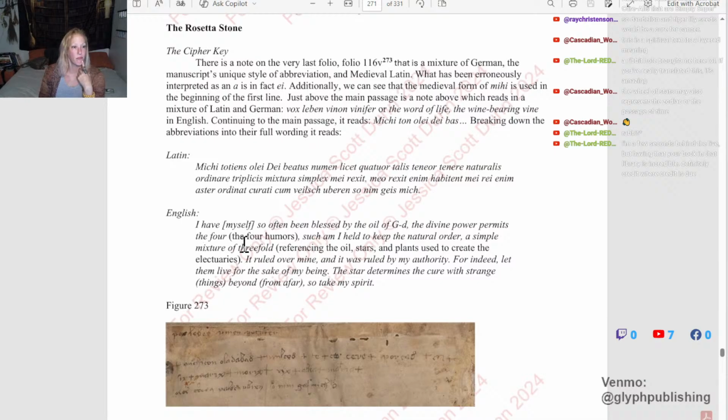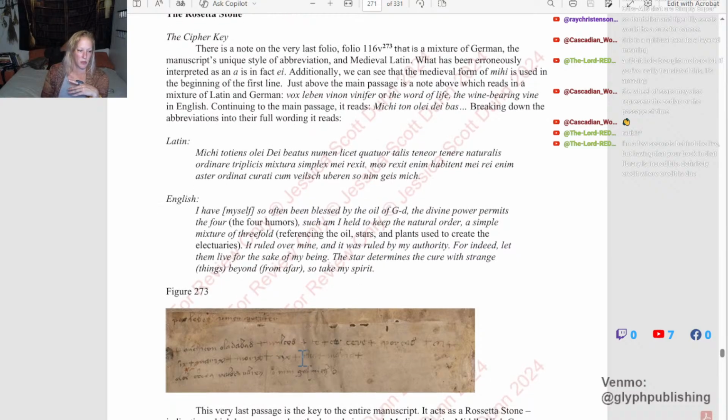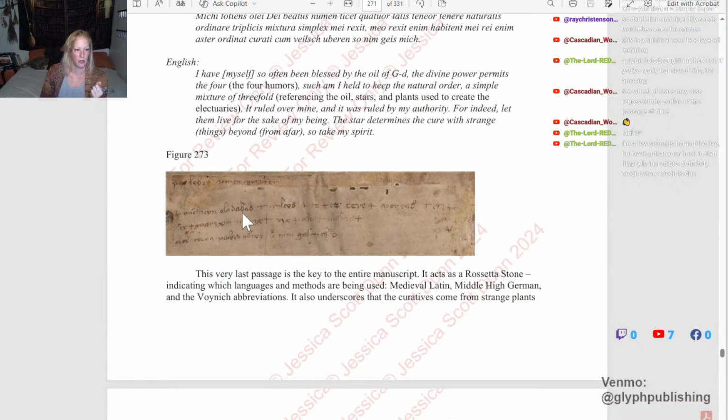Okay, so the marginalia line is vox, limens, venen, vinifer, the word of life, the wine-bearing vine. And then we go into michiton ola de bas, but that's not correct. What's been called an A, those aren't A's. It's E-I, E-I.